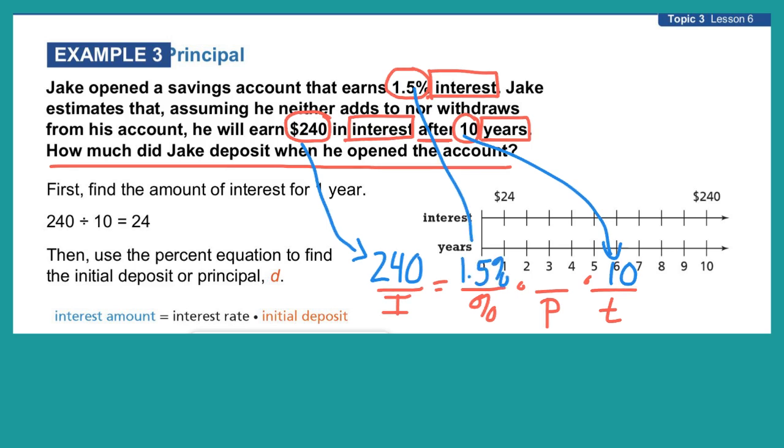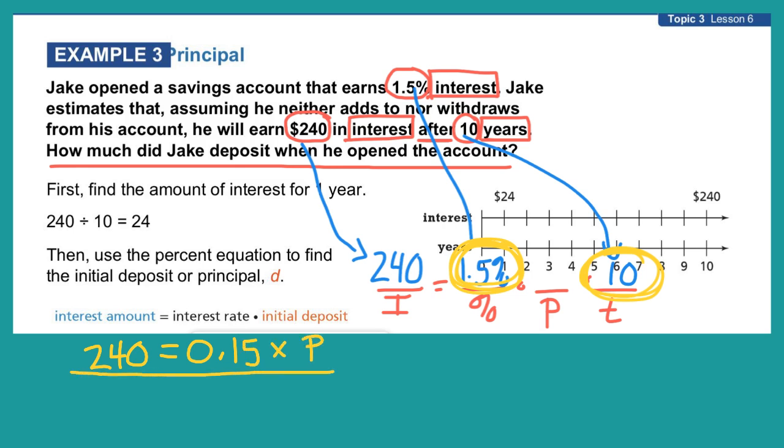All right, so let me clean this up a little bit. I have 240 on the left, an equal sign in the middle. If I take 1.5% times 10, 1.5% times 10 is 0.15. And then remember, I didn't know what the principal was.